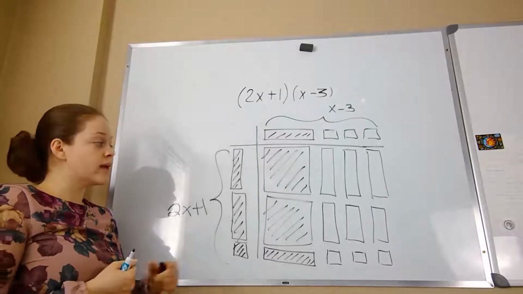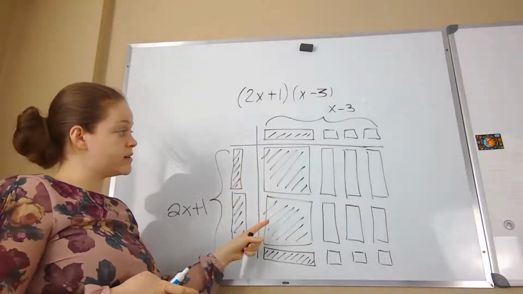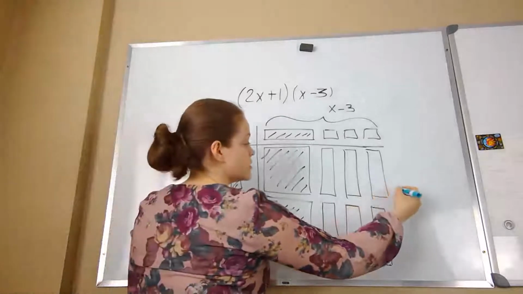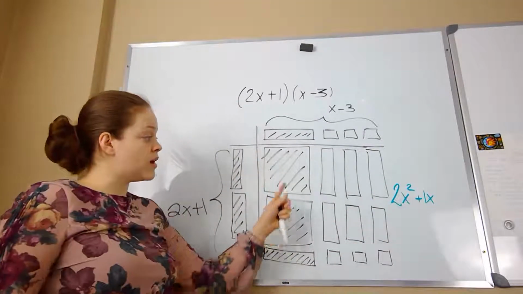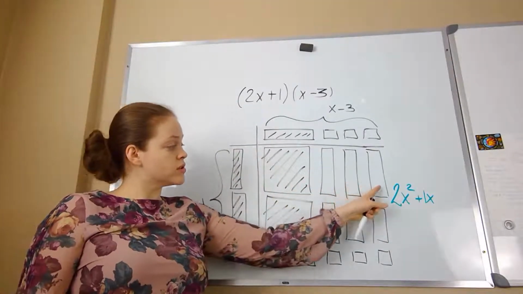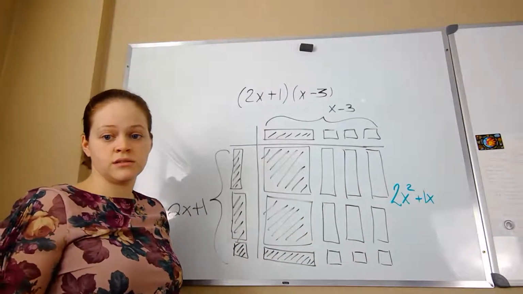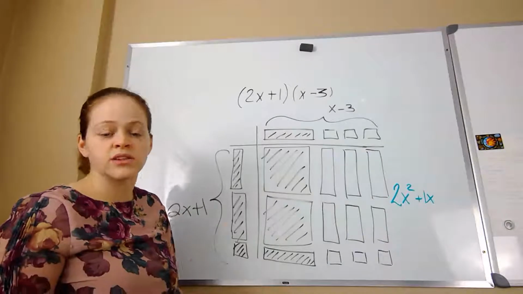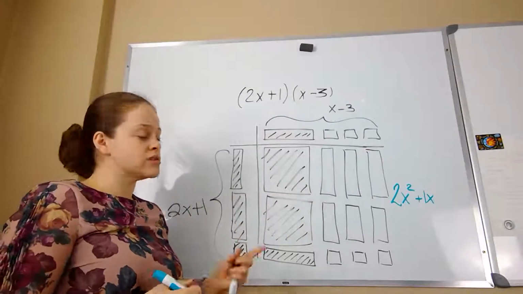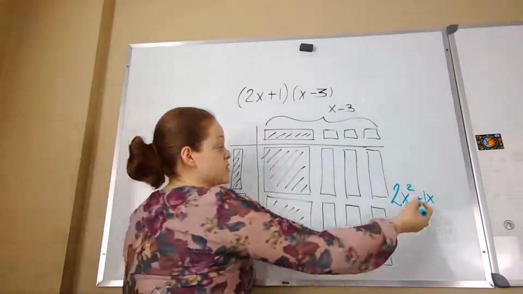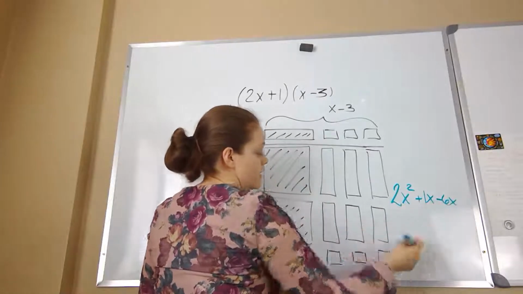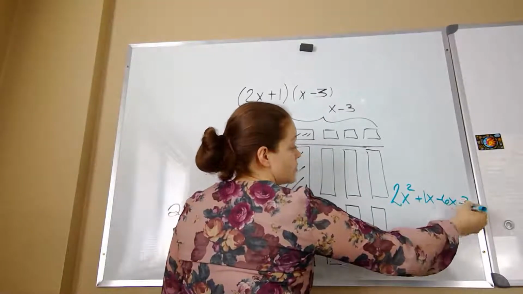Okay, so we have 2x squared. So I'll write it over here. It's positive x. You have 1, 2, 3, 4, 5, 6 negative x's. Is the inside like the answer? The inside is like the answer, yeah. So you just got to count up what you have. So it's going to be negative 6x, 1, 2, 3, negative 3.